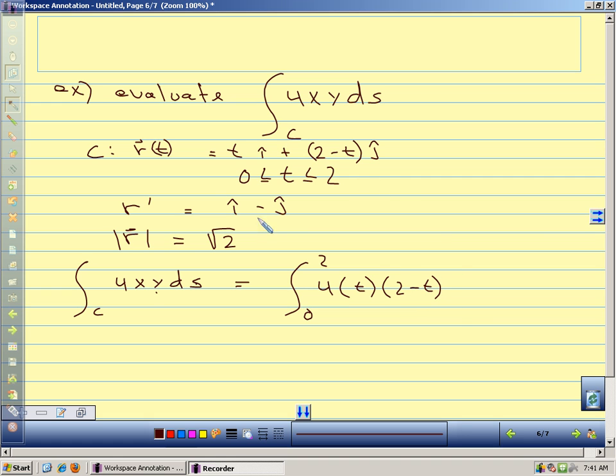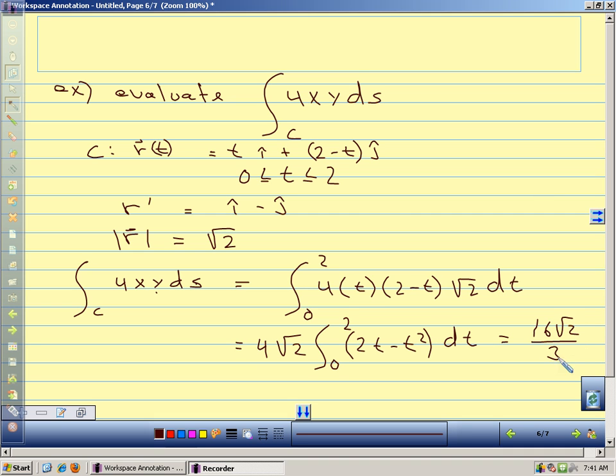And then we have r prime dt, so square root of 2 dt. So this is 4xy represented in terms of my parameterization. So this is 4 square root 2, the integral from 0 to 2 of 2t minus t squared dt. And when I evaluate that out, I get 16 square root 2 over 3.